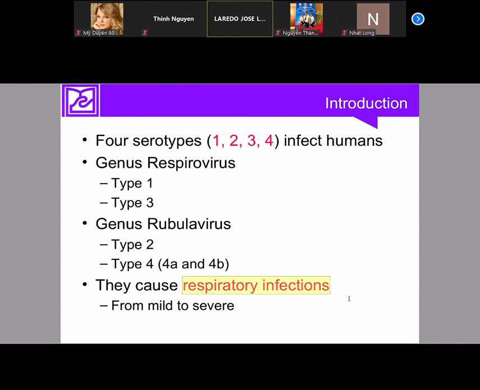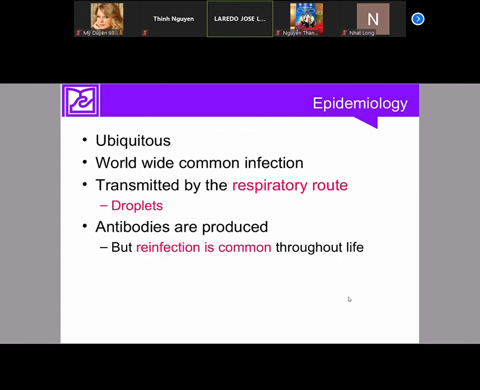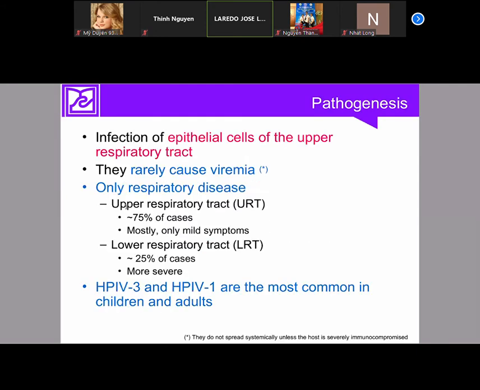All of them are respiratory pathogens. They are also transmitted by droplets, by the same mechanisms as influenza viruses. They infect epithelial cells of the upper respiratory tract. These cells are not exactly the same as the cells infected by influenza viruses, but they are found in the same place.